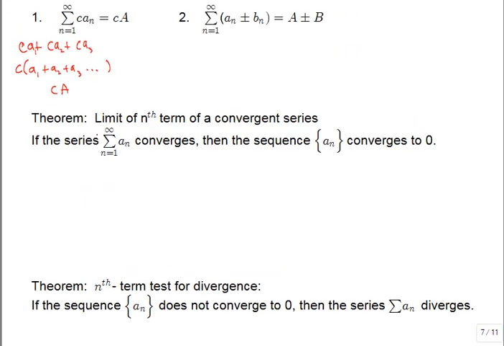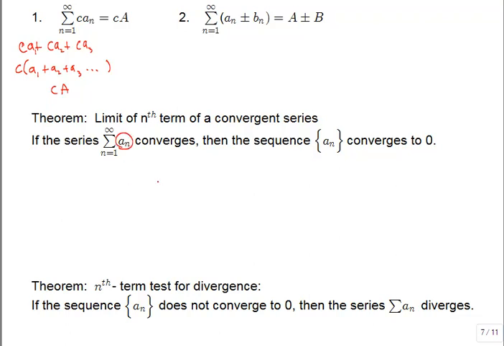The next theorem says that the limit of an nth term of a convergent series gives us a relationship here. If you know that a series converges, then the sequence of terms a sub n has to converge to 0. Not the sequence of partial sums, the sequence of the original terms inside of here.